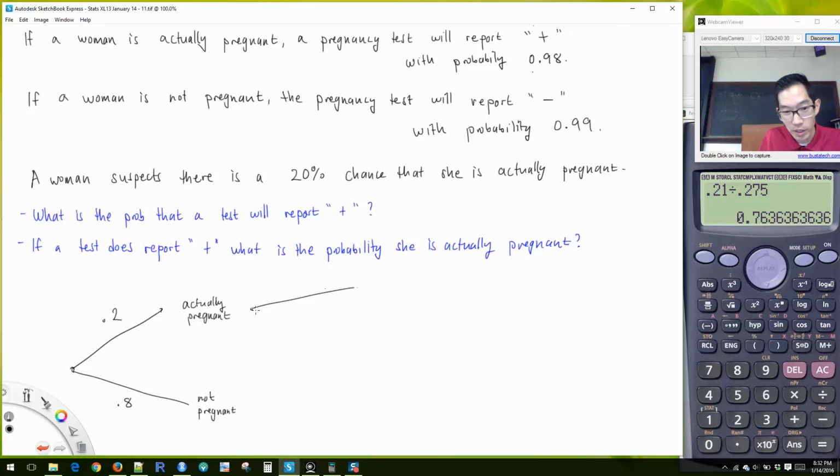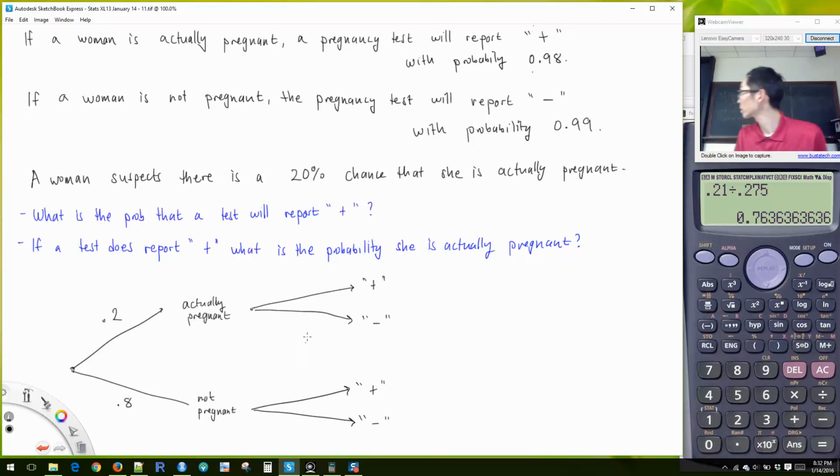And then the test can either report plus or minus, okay?